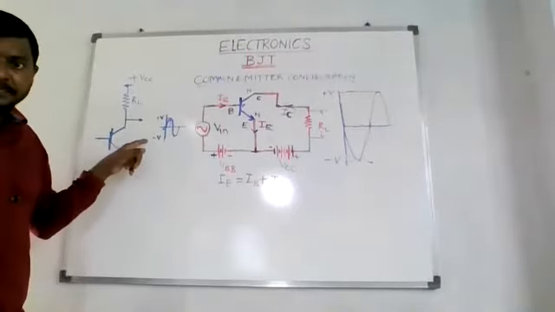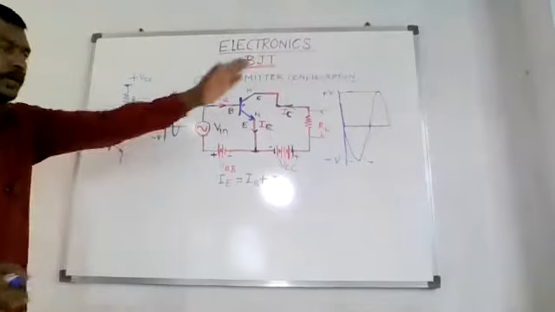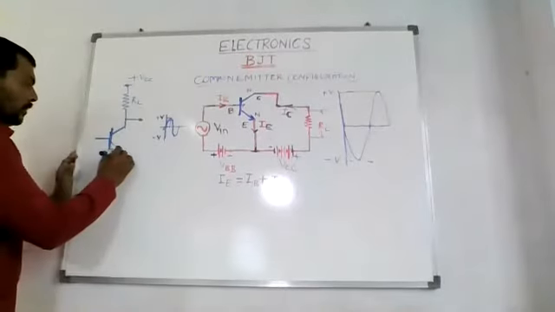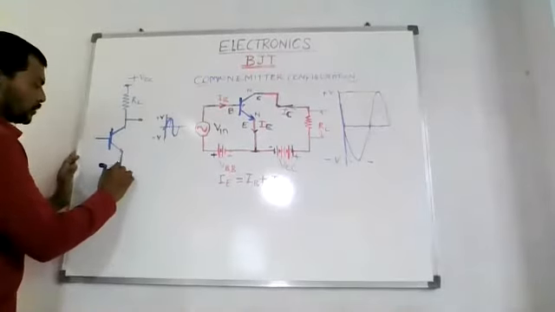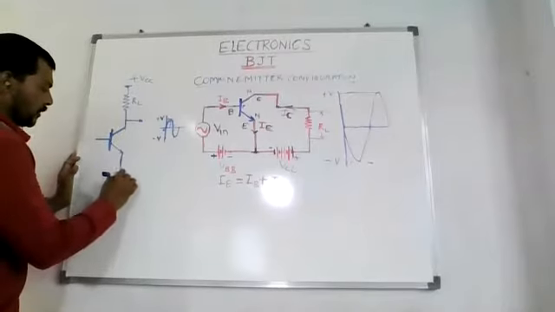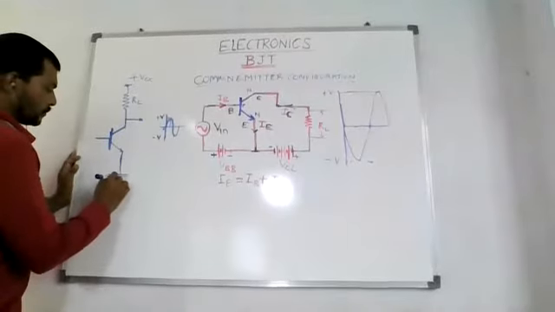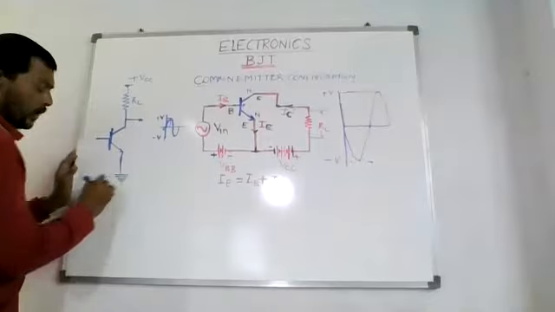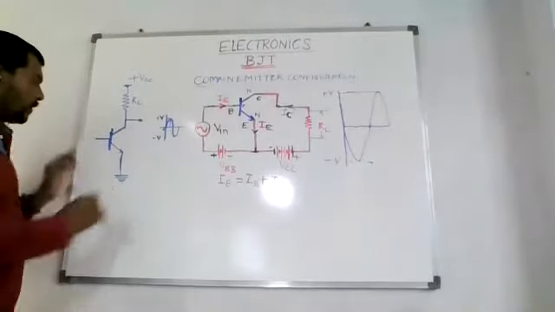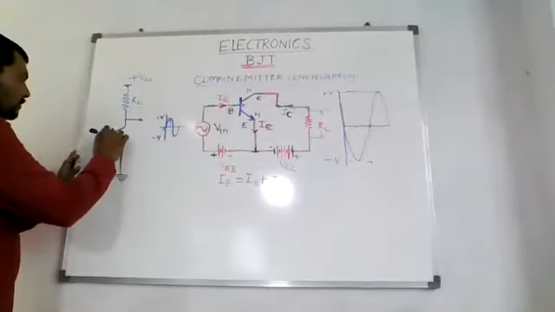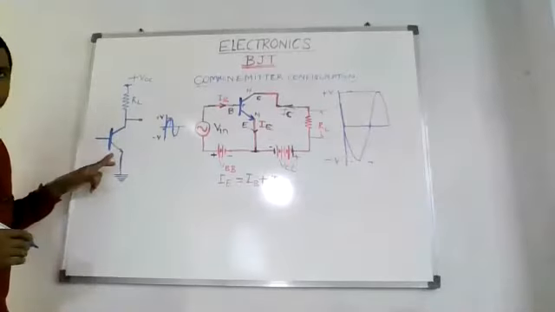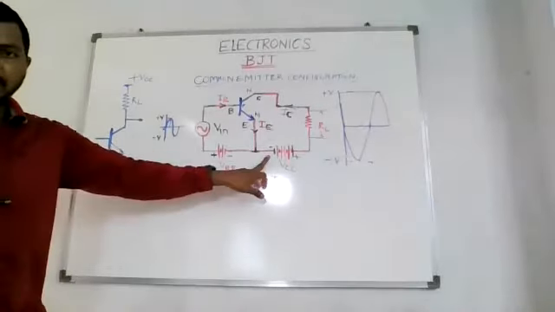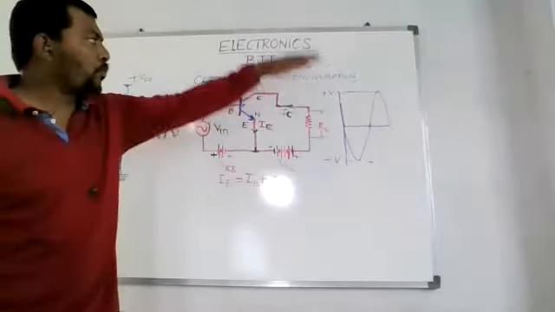Okay, is it clear? And this is commonly grounded. So I will directly ground this terminal like this. Yeah, so this is the symbol of ground. Okay, so this is the base. This is the emitter which is supposed to be grounded, which is given to the negative terminal. I have just opened this.